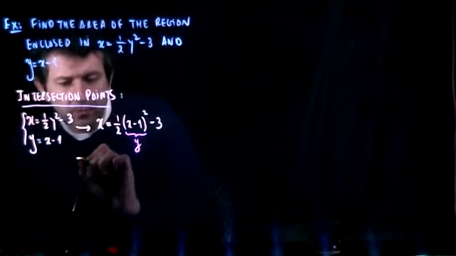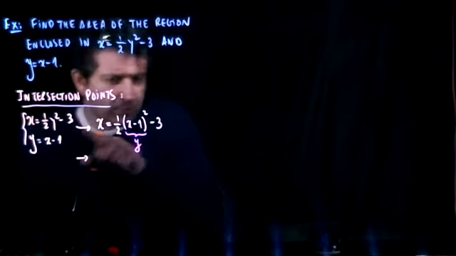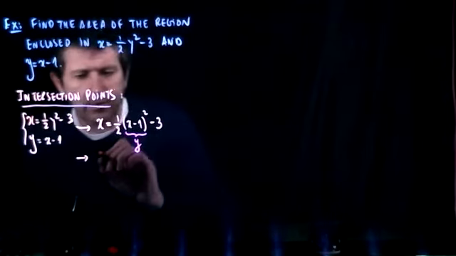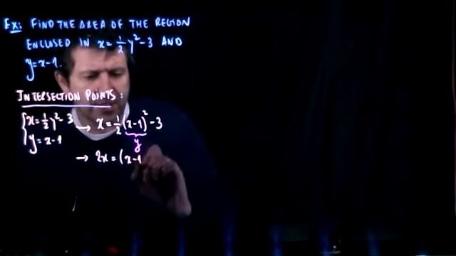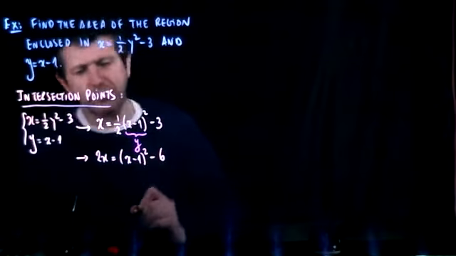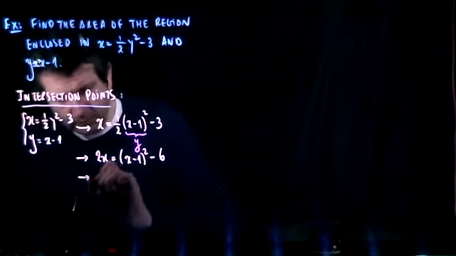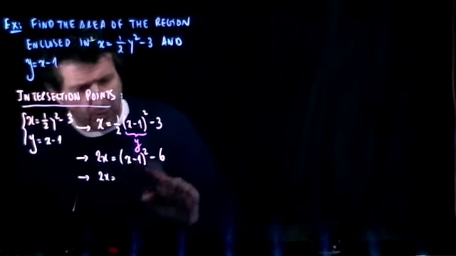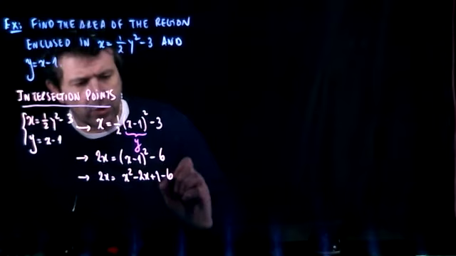Okay. So I'm not a big fan of fractions, so I'm going to get rid of this half by multiplying everything by 2. So 2x, if I multiply by 2, stays (x minus 1) squared, and this becomes minus 6. I'm going to open this up: x² minus 2x plus 1 minus 6.